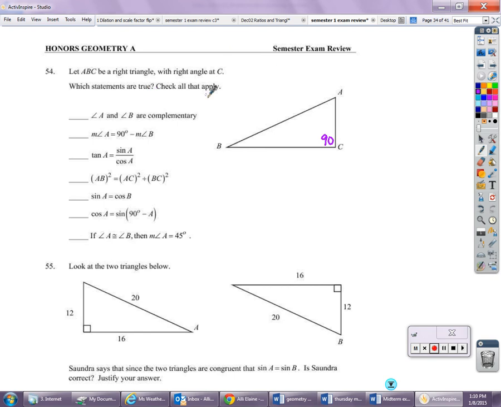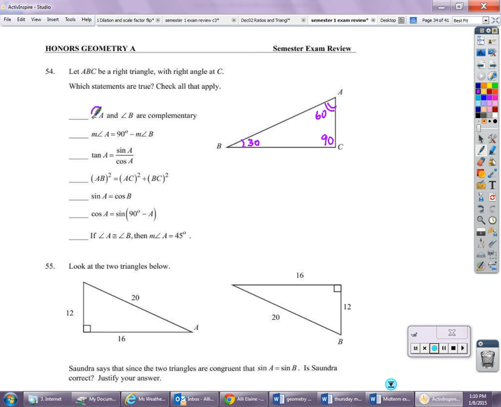Check all that apply. So the three angles need to add up to 180. So I'm going to make this the 30, 60, 90 triangle. As you can see, these all add up, just for my example.